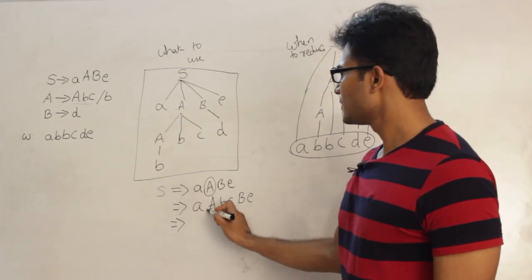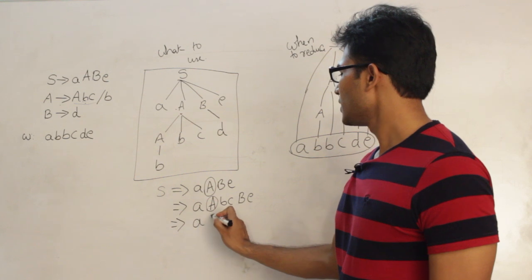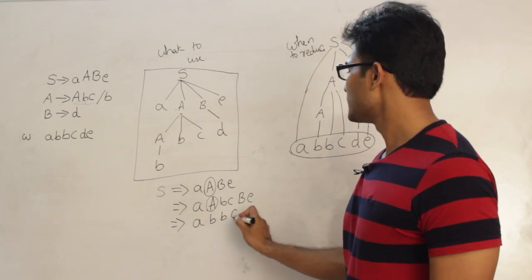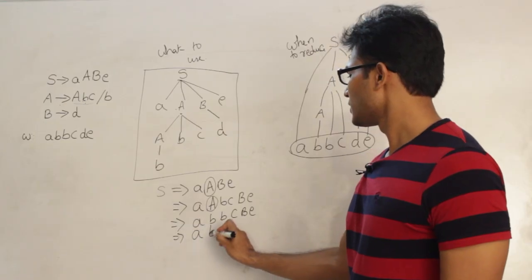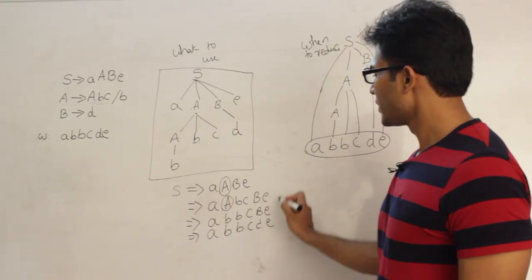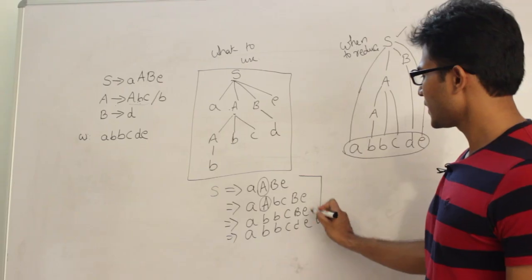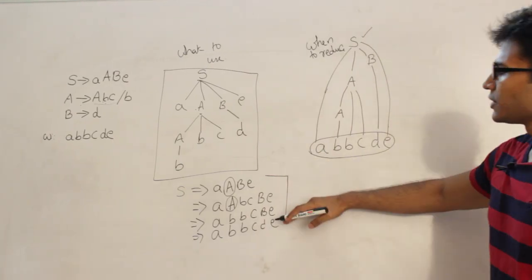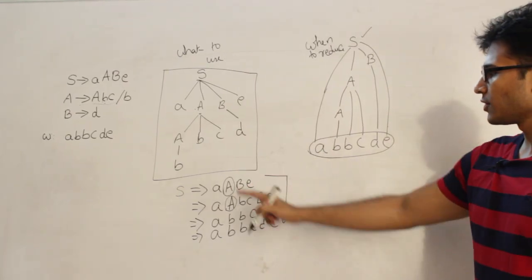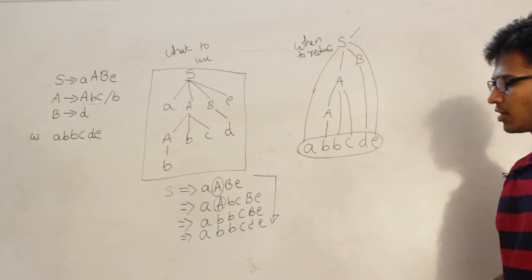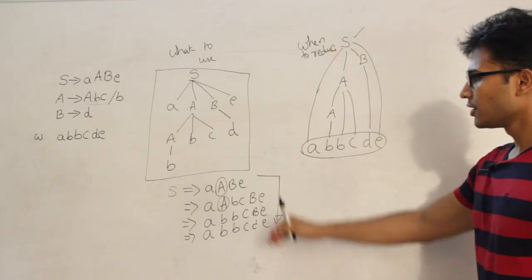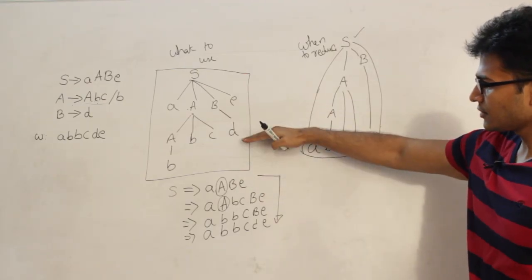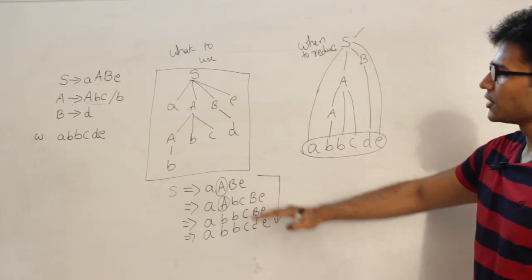And again this A is replaced with B, A, B, B, C, B, E, and again this B is replaced with D. So if you look at it this way, we did it exactly in the leftmost derivation manner, which means if I have more than one variable in the sentence, I always expand the leftmost variable first and then go to the rightmost. Therefore, top down parsers use leftmost derivation.